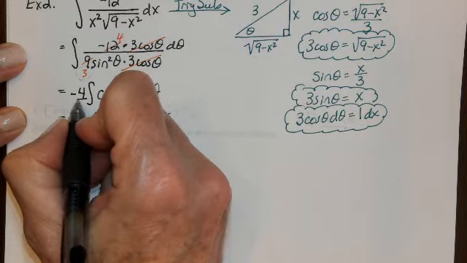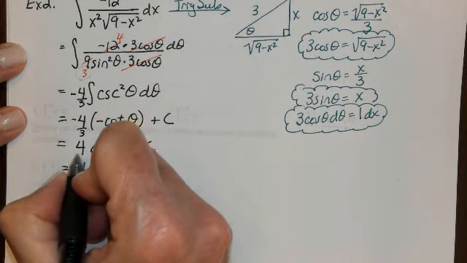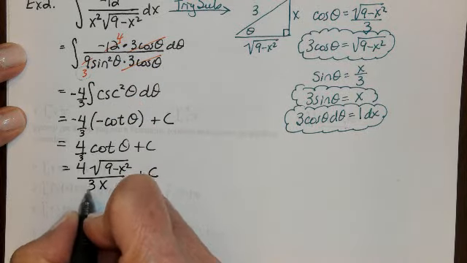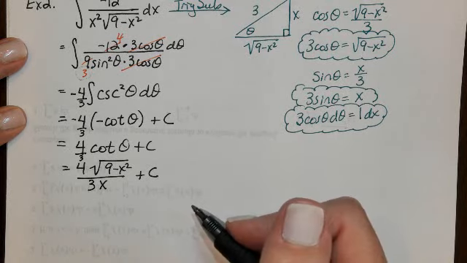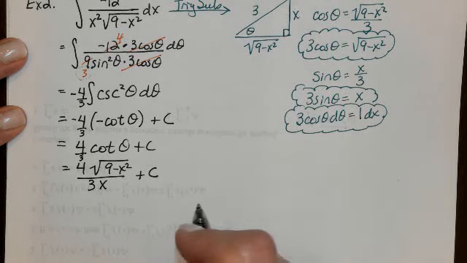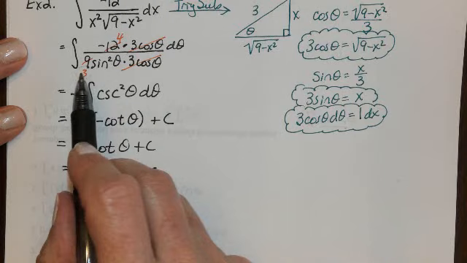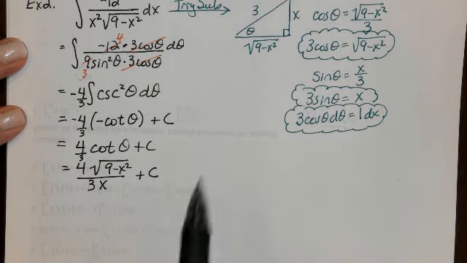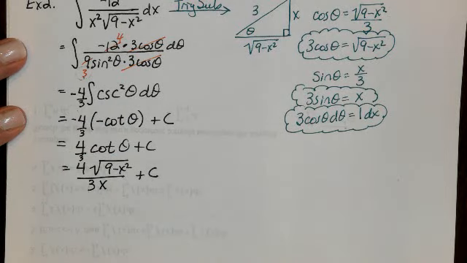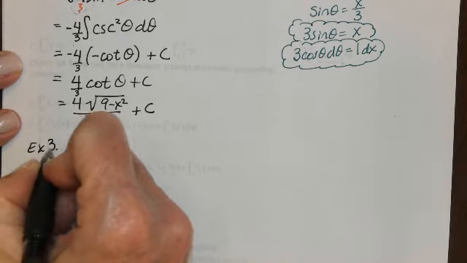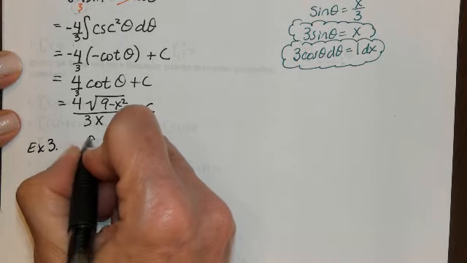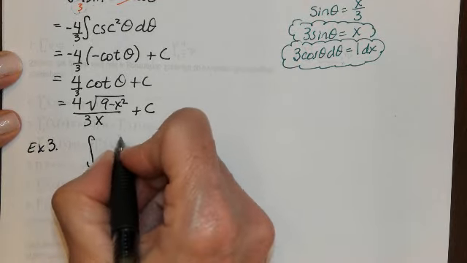I need that 3 out front, over 3. So there you go. That's a little bit better. Well, this is more accurate. I just forgot to bring that 3 over there too. All right. Example 3. It's where I need to be in class, and you guys can tell me, oh, you forgot that 3. And I'll say, oh, you're right.